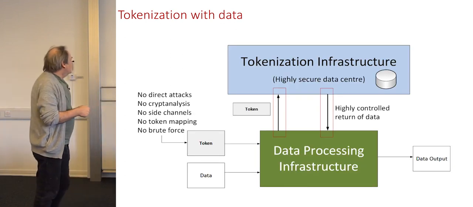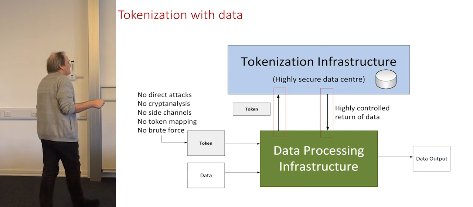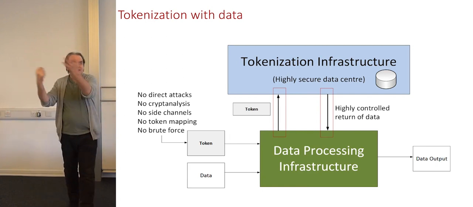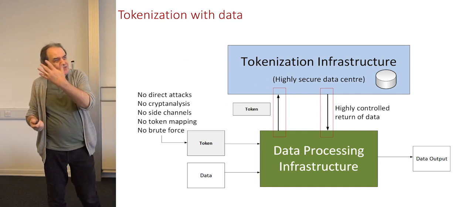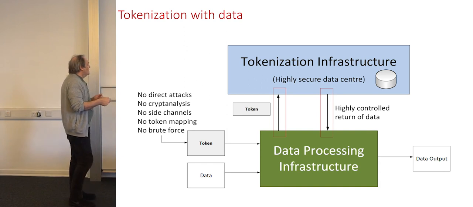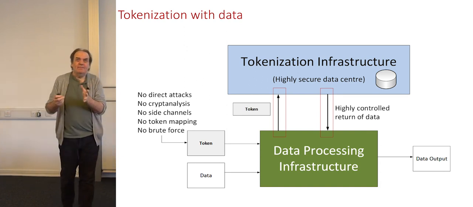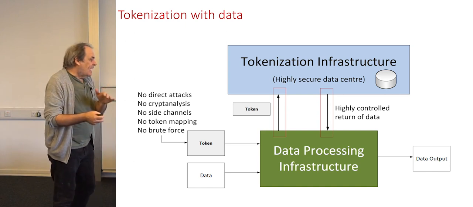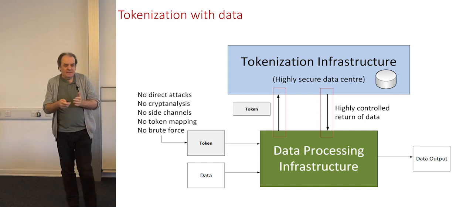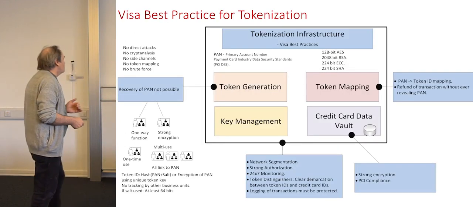So as we saw, we take a token, we put it into data processing infrastructure. If we need to resolve it, we put it into a tokenization infrastructure and do some queries on it, and then get replies coming back again. The tokens themselves, we've got to make sure they aren't crackable. They can't reveal anything about the information that we actually have.